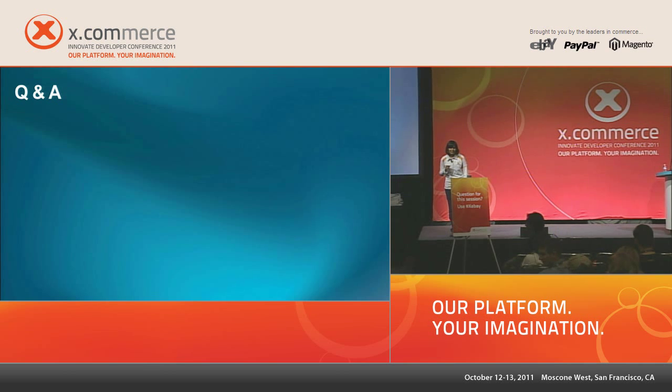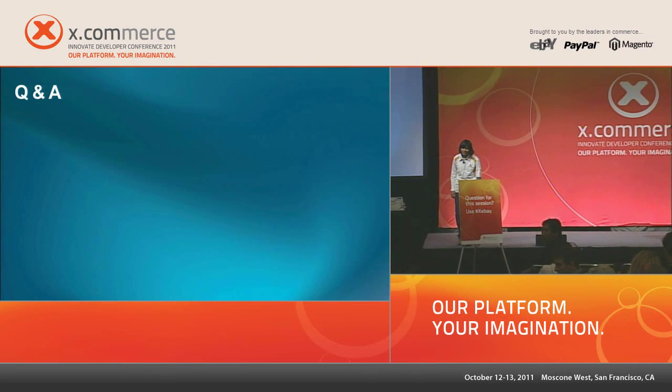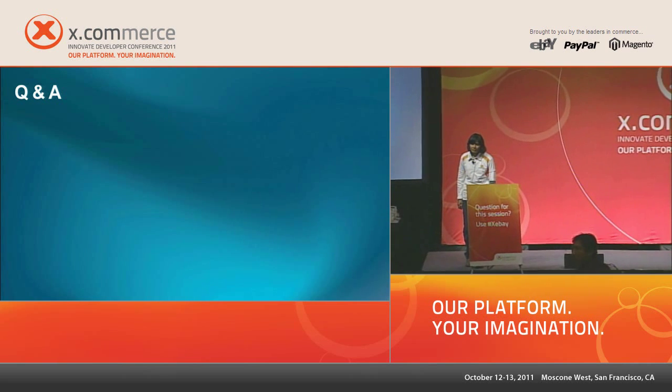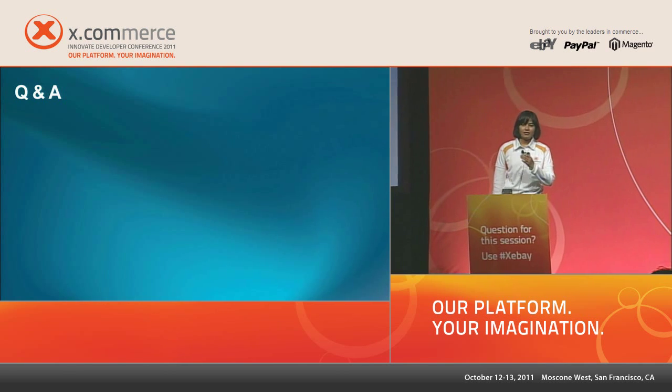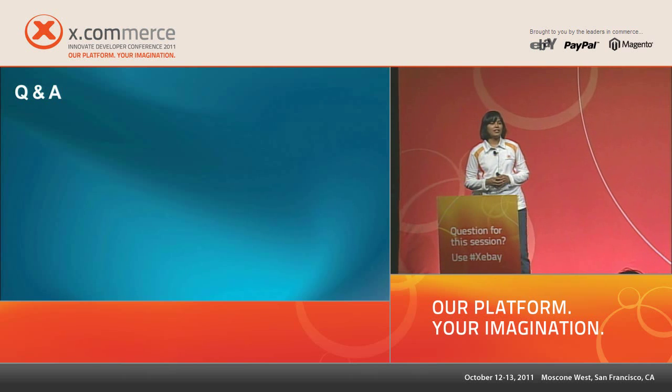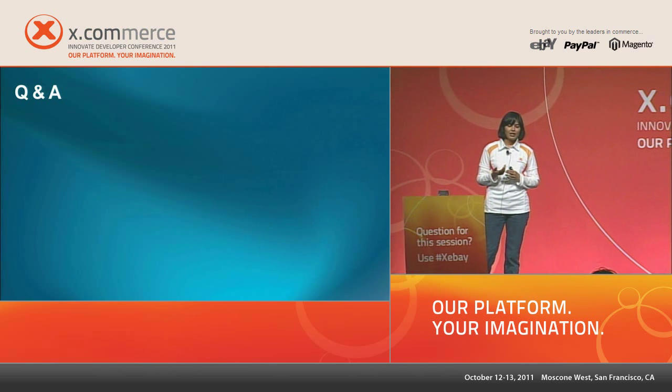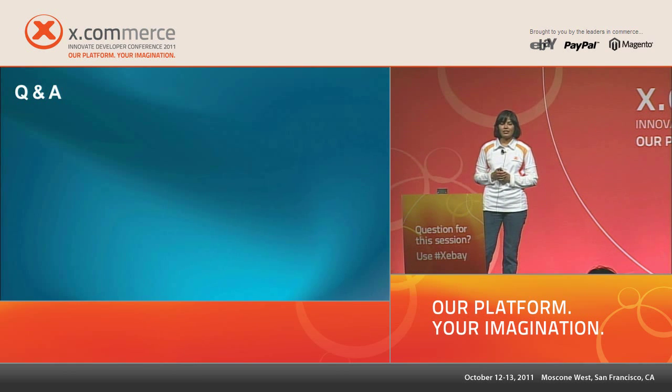Yes, so the question was that the gentleman at the back is using the Finding APIs, and he's finding items based on category IDs. So is there a place where he can find a list of all the categories?